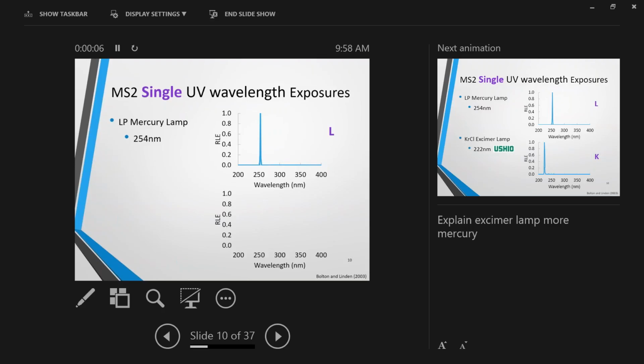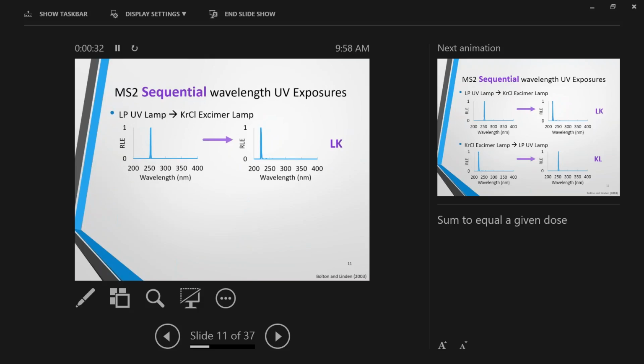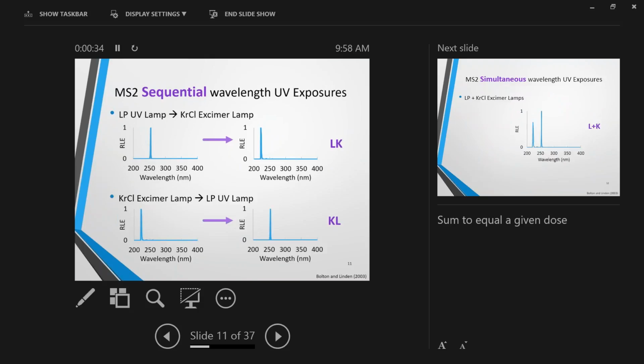So to calculate the dose for these UV sources, we measure the incident irradiance at the peak wavelength for the emission, or the average wavelength if it's a polychromatic source. And then we correct that for the spectral response of our radiometer. We correct it for the UV absorbance of our sample. And we correct it for other factors that are specific to the experimental setup.